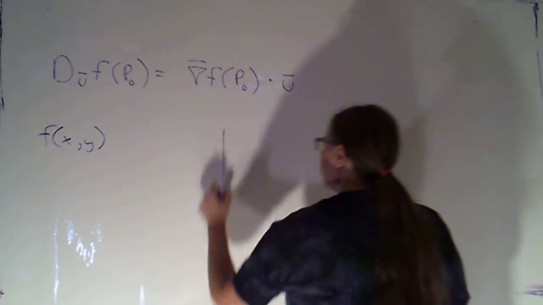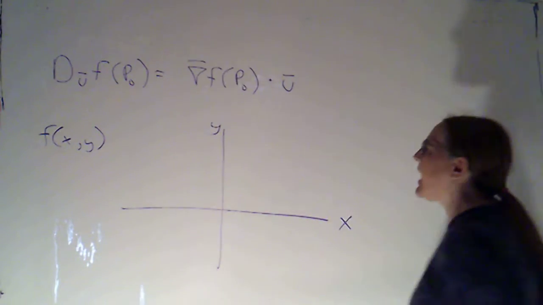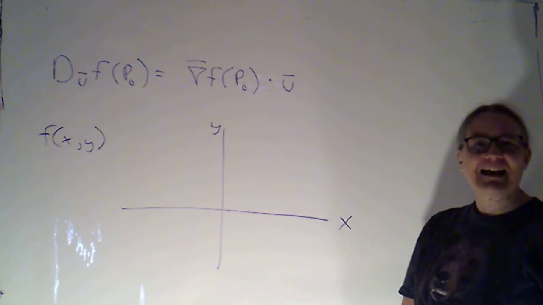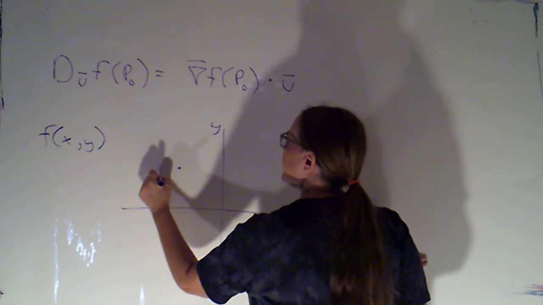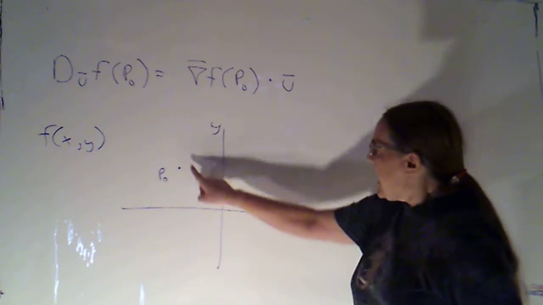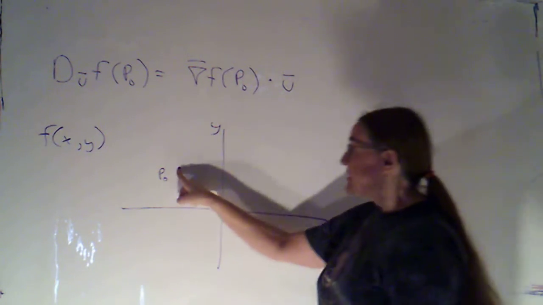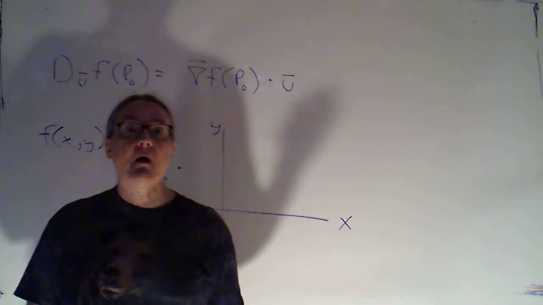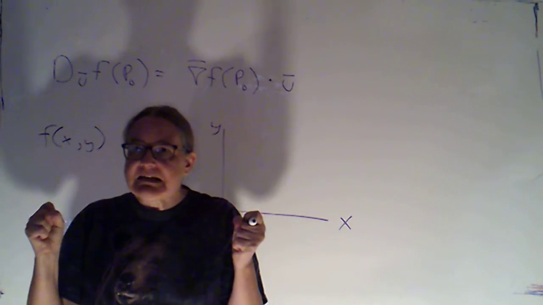So I've got some 2-dimensional floor, which I'm identifying as the xy plane, and I'm at some point P naught. Let's pretend I am a heat-seeking particle. So I'm standing here at P naught, and I want to go where there's the most heat.